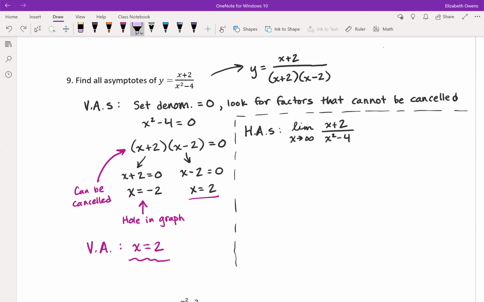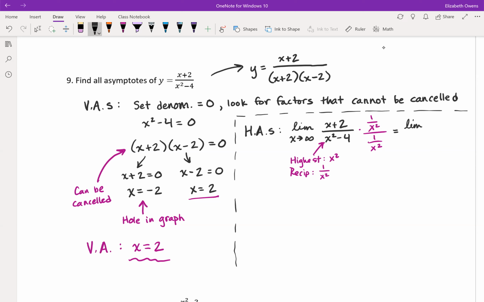and trick number 1, where we divide or multiply everything by the reciprocal of the highest power in the denominator. Highest power is x squared. Reciprocal is going to be 1 over x squared. Okay, so we're just going through that regular limit process from this section.